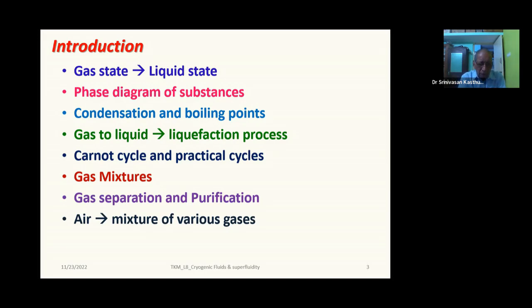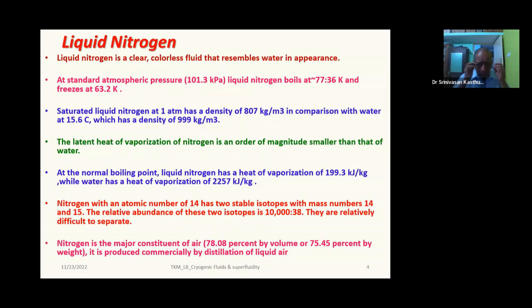For example, we have said refrigeration or using adsorption, physical adsorption or chemical adsorption methodologies, to purify the gases and then obtain pure gases of the specific component. The starting point is the air, which is a mixture of various gases. From there, you try to separate the various components. Except in the case of helium, you start with natural gas sources, and there you obtain helium from the particular natural gas. So these are the things we have seen already. So now let's start with nitrogen.